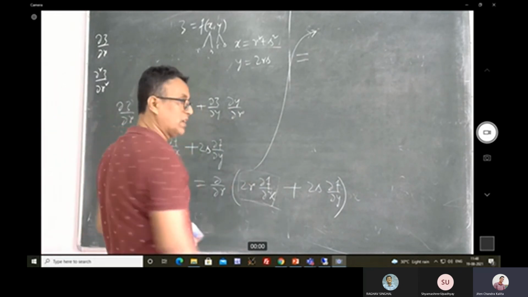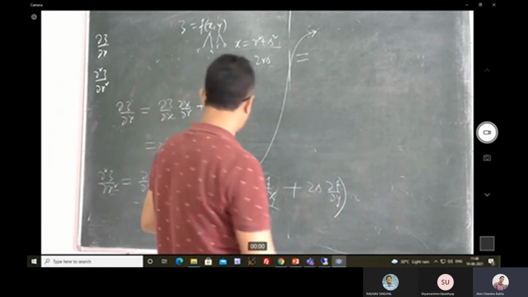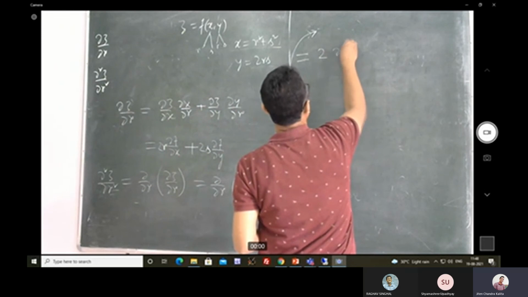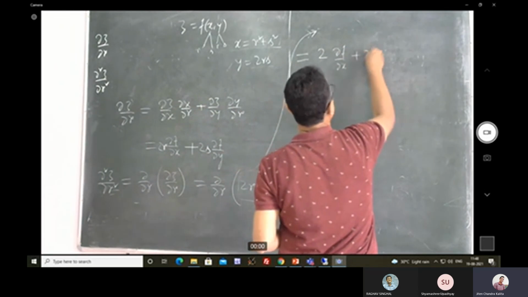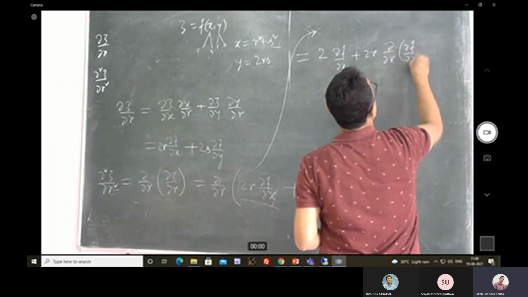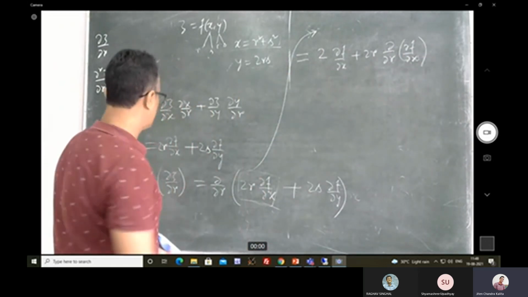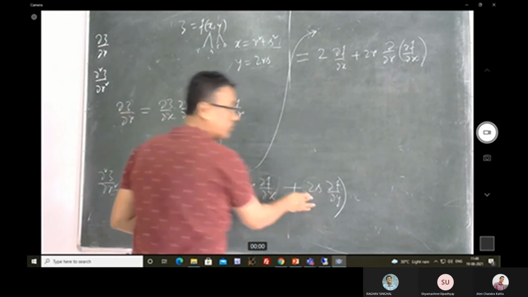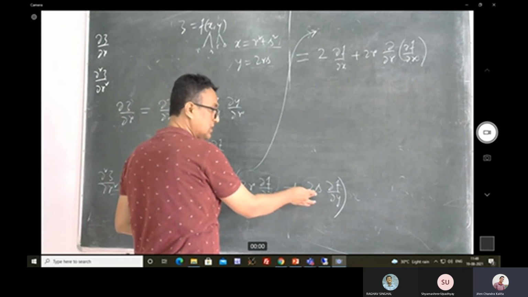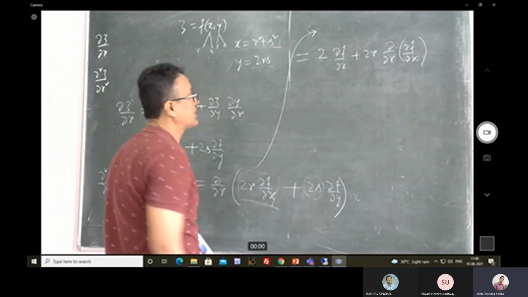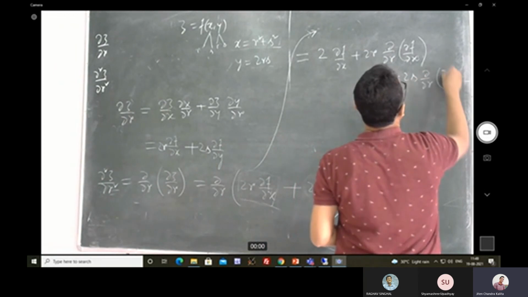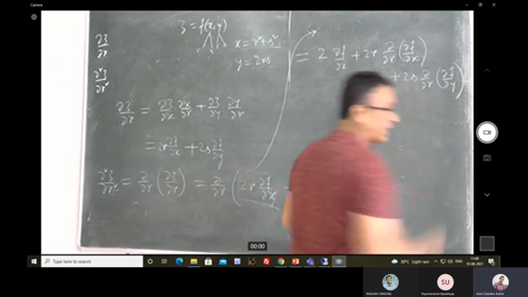So if I use the product formula for derivative with respect to r, I am going to get firstly 2 into del f del x, plus 2r times del r of del f del x. Similarly, because I am considering only partial derivative, s is constant with respect to r, so I am going to consider it as constant. So this is simply going to be 2s times del r of del f del y.